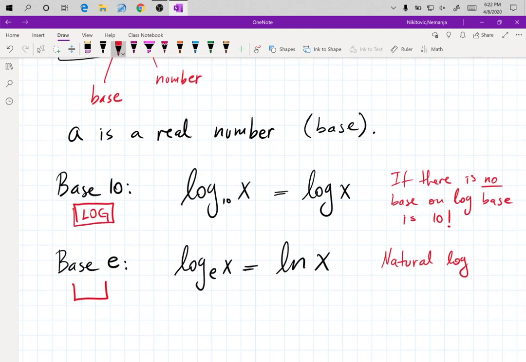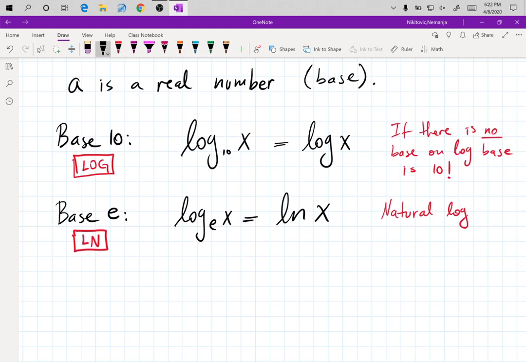And that's your ln button on a calculator. Now, if you study the calculator closely, you see that other logs do not exist. There is no base 2 on the calculator, there is no base 7, there is no base 1.5, right? You just have capital LOG, which is base 10, and then ln, which is base E. And that's all we have on the calculator.